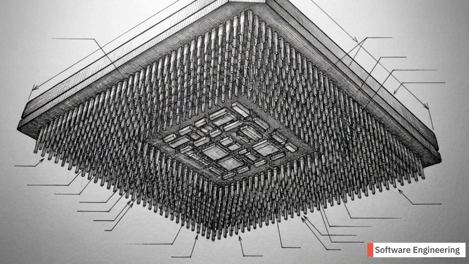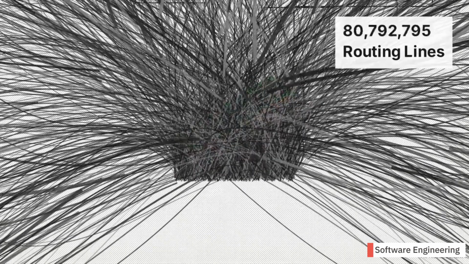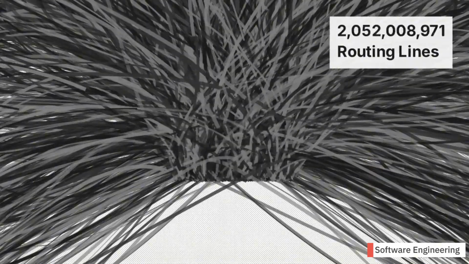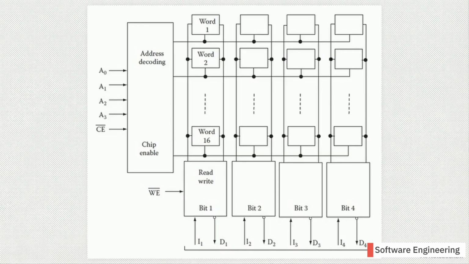This extreme density creates a massive secondary engineering hurdle, the physical pin count problem. If a modern 4 GB memory stick used SRAM's single-level decoding, it would require an impossible 4 billion AND gates and physical routing lines. This schematic outlines the architectural solution to this bottleneck: address multiplexing via 2-level address decoding. Instead of dedicated lines, the multiplexing system reuses the exact same physical address pins for 2 different tasks sequentially.